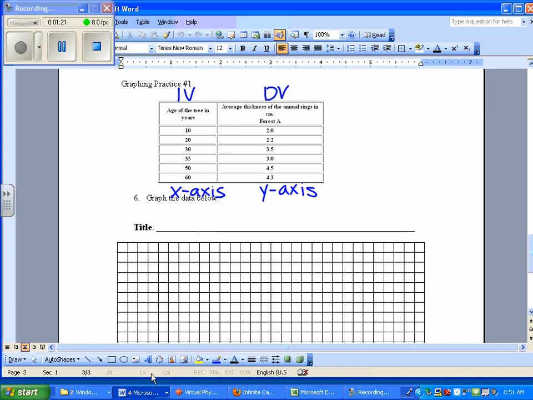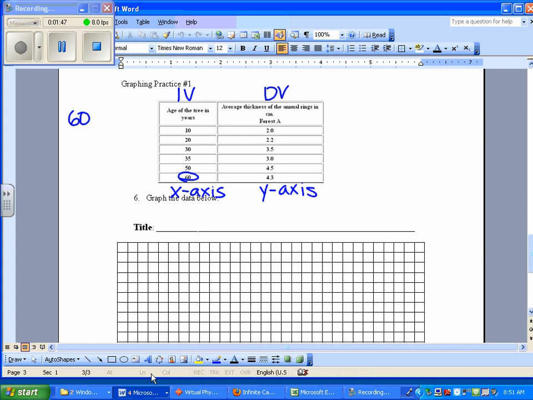The first thing you want to do is figure out if the data is spread out or if it's clustered. For this one, I look at the first one from 10 to 60. That doesn't seem very clustered. So I am just going to pick my highest number, which is 60, and divide it by the number of boxes.